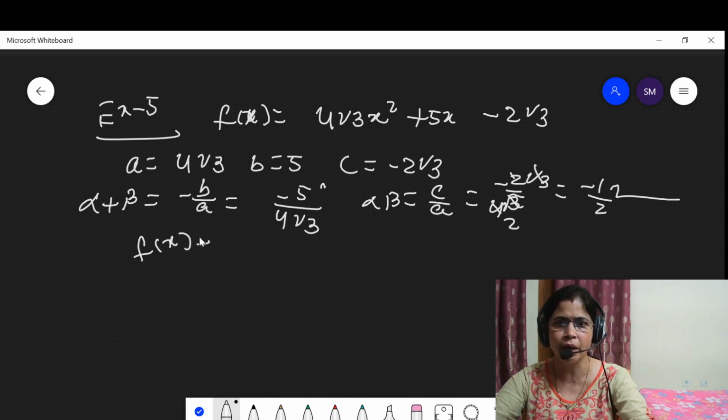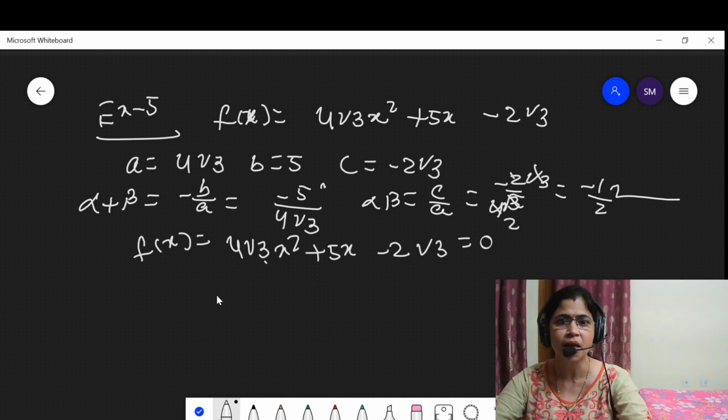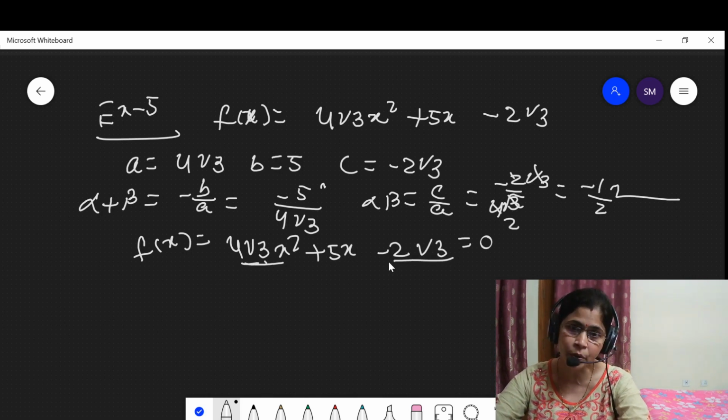Here f of x is equal to 4 root 3 x square plus 5x minus 2 root 3 equal to 0. Now here also apply the middle term factorization. When we multiply 4 root 3 and minus 2 root 3, we get minus 24x square.